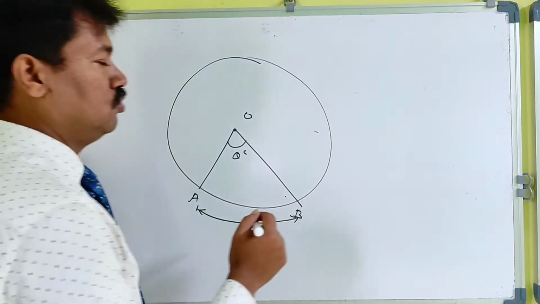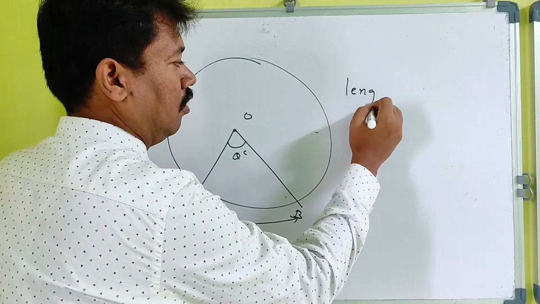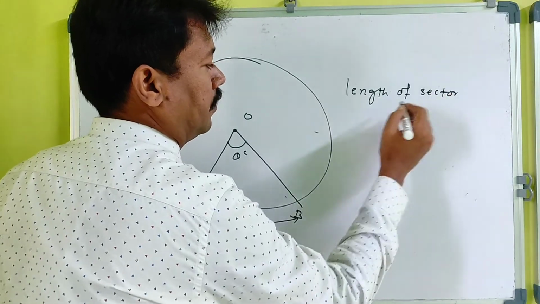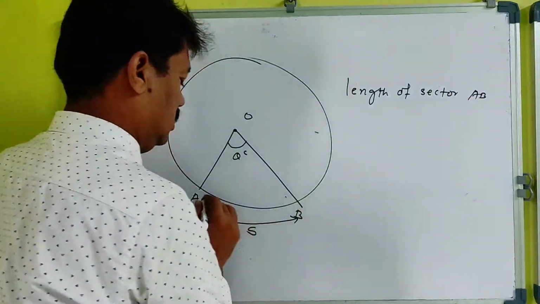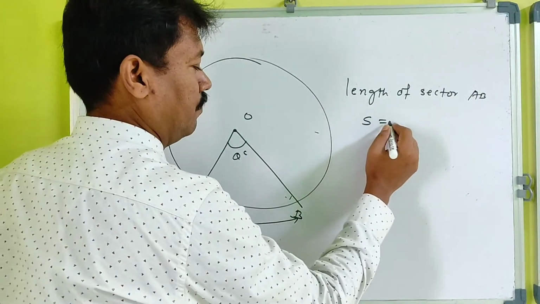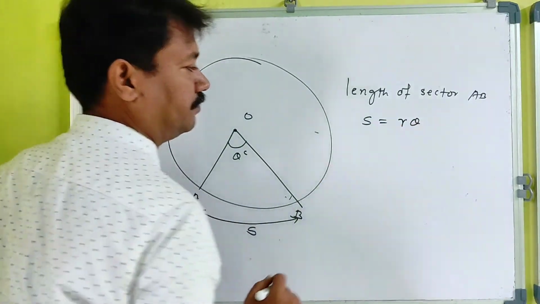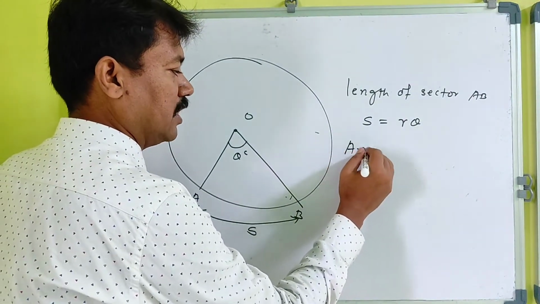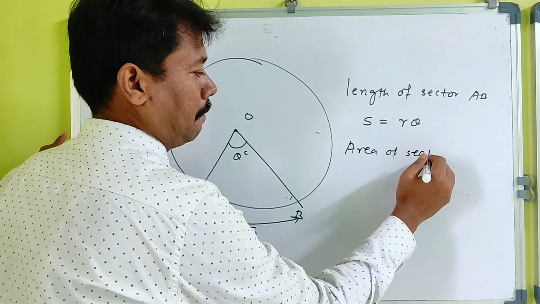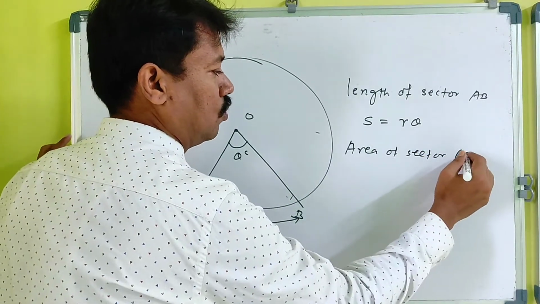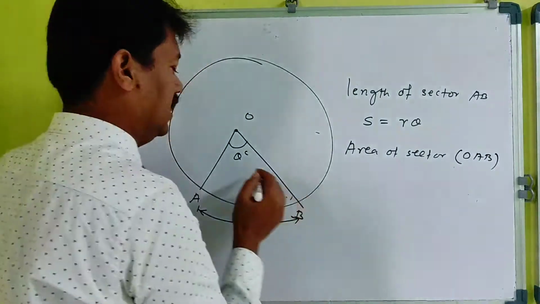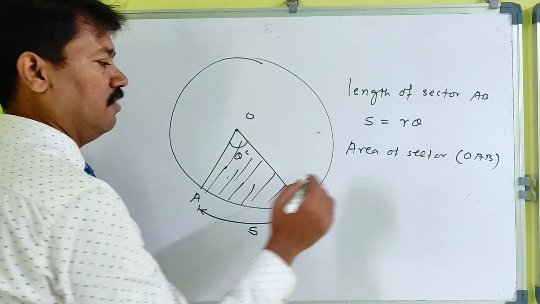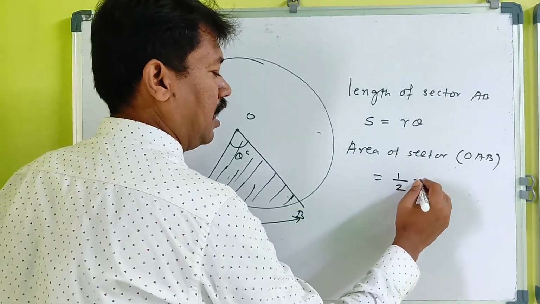So here there are two formulas. The length of sector AB, that is S, is equal to R theta. And the area of sector OAB, that is this particular area, the entire area of the sector, is always given by half R square theta.